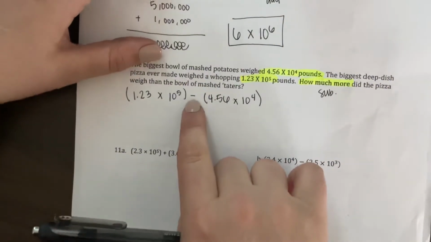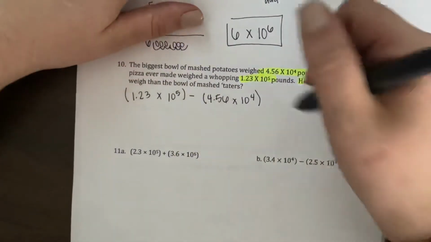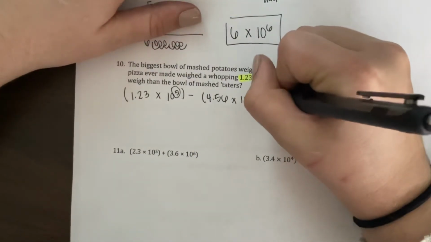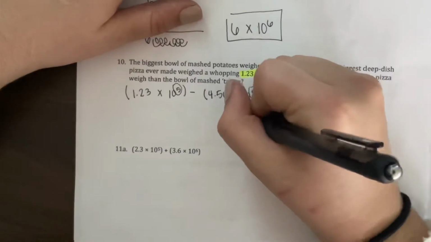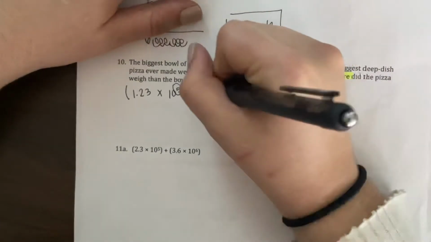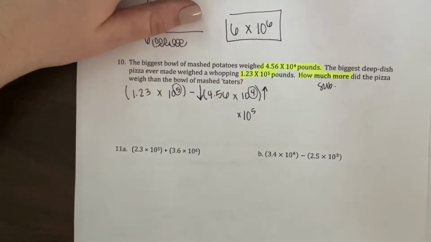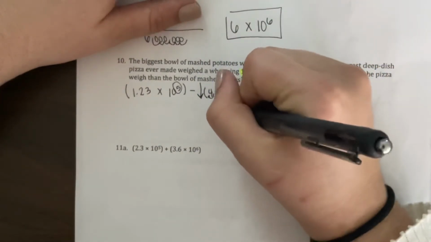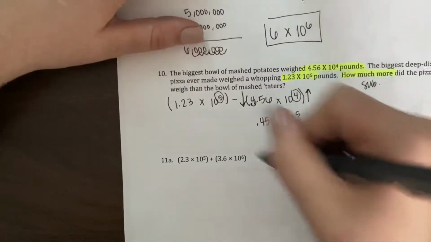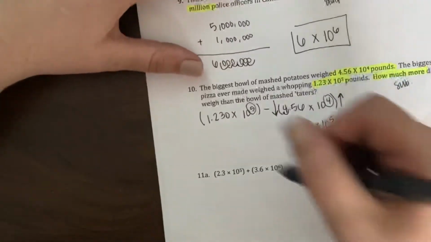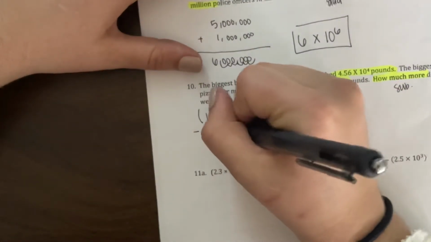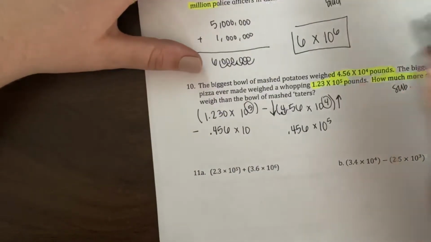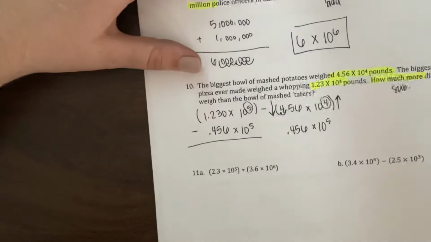Because we're doing addition or subtraction here, we are making sure the exponents are the same. So make that 4 go up into a 5, which makes our coefficient go down. So move the decimal over. So it's 0.456. Okay, now we can subtract. So subtract 0.456 times 10 to the 5th.